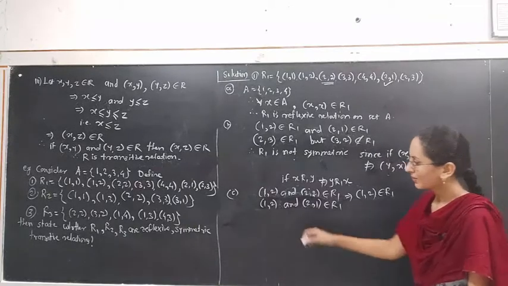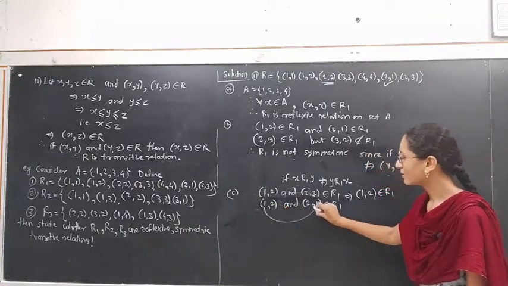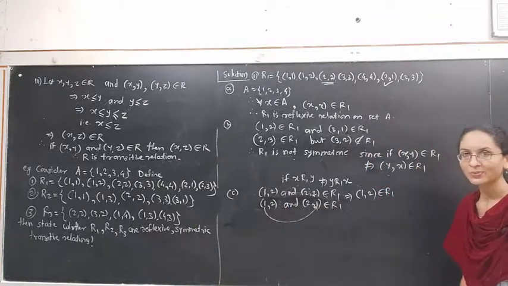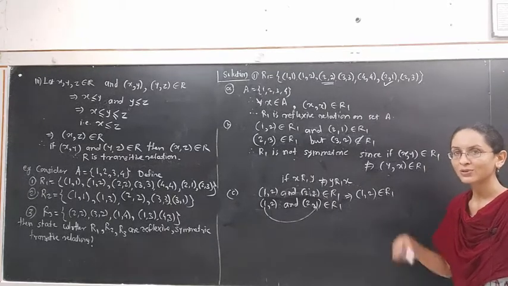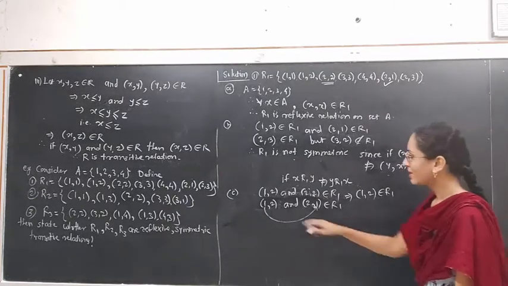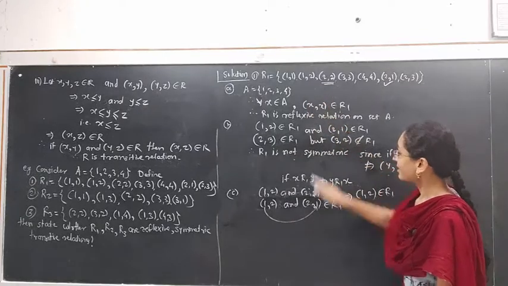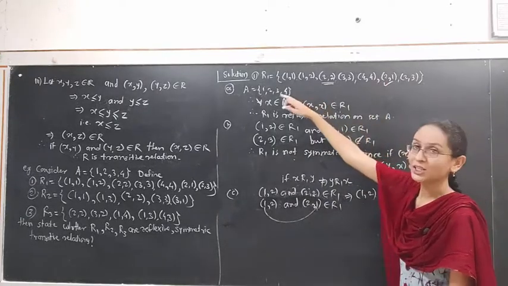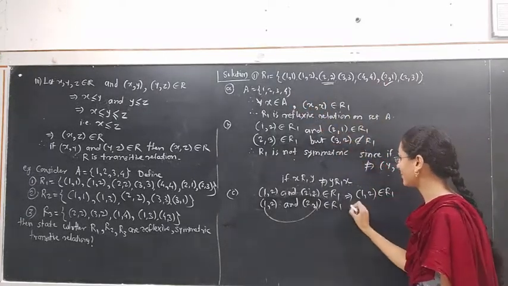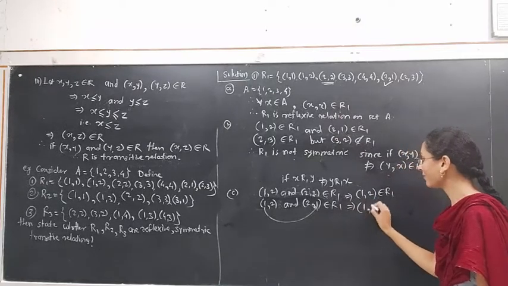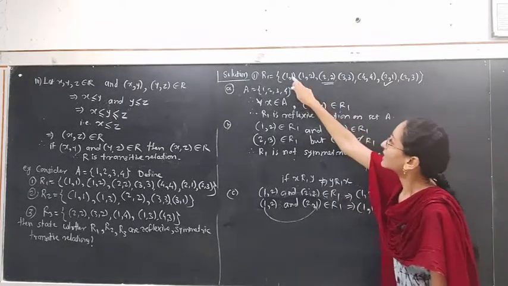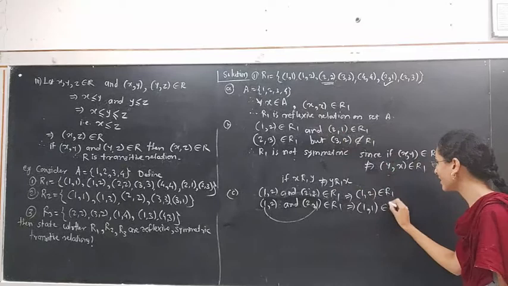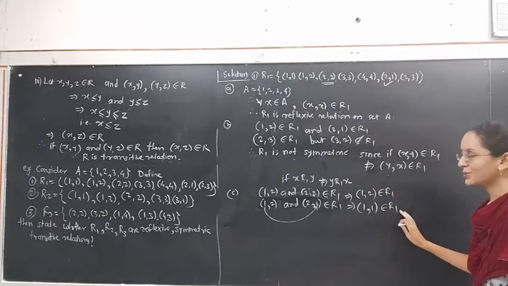Now we check whether 1 is related to 1 or not. This means whether the ordered pair (1, 1) belongs to set R1 or not. (1, 2) and (2, 1) belong to relation R1. This implies the ordered pair (1, 1) is present in relation R1. (1, 1) belongs to R1.